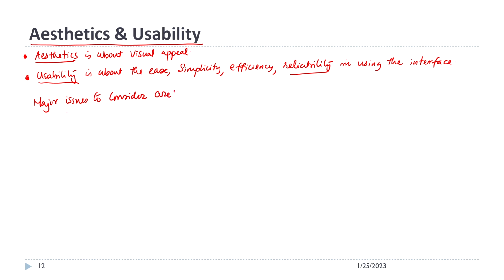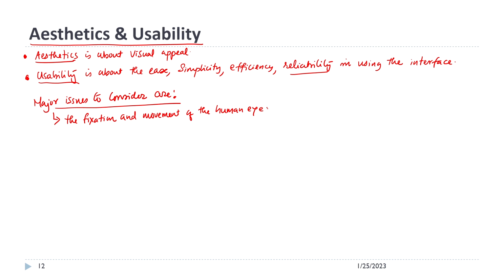are, okay. So, what are the major issues you should consider as part of this? These are some of them. I am not going to give every one, but these are some of the major ones. The fixation and movement of the human eye.